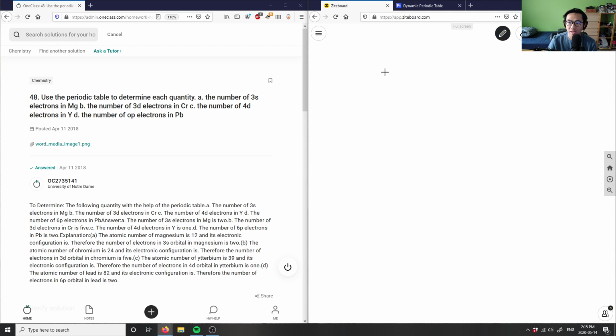Number 4 is asking us to use the periodic table to determine each quantity. This is a 4-part question. A is asking for the number of 3s electrons in magnesium.